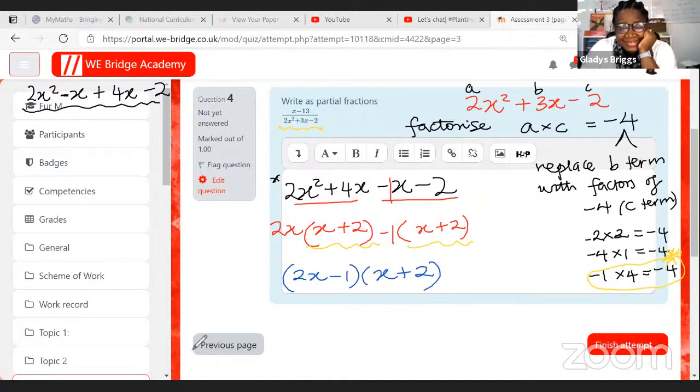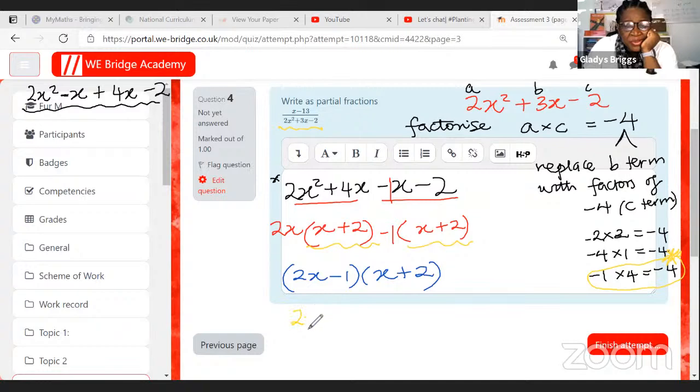All right. Okay. Now you can expand it to check if that's the same as what you started off as. If it's not the same, then try the other one. Okay. So now I'm going to expand my brackets to check.